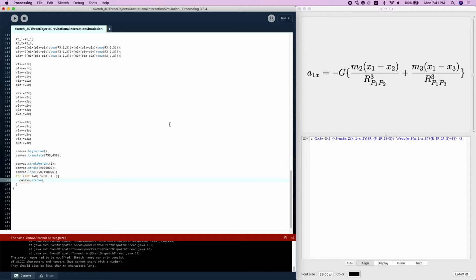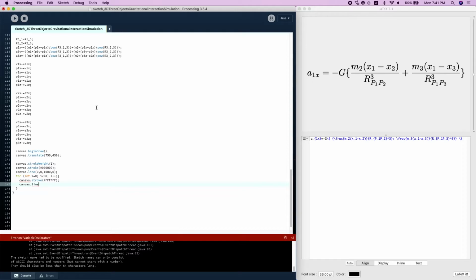So black line, no line, black line, no line, black line, no line, and so on. So I'm going to draw the blank line first, so this is white, so it's not going to be seen on the canvas.